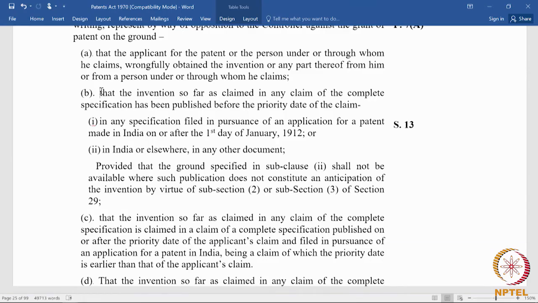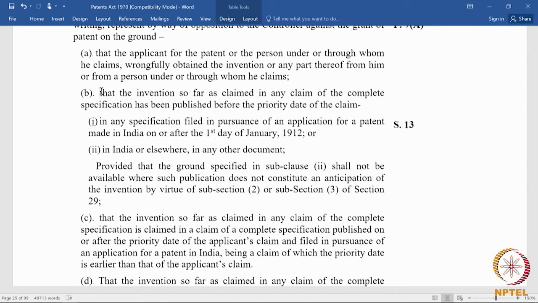So, though B does not start by saying anticipation, we understand it as a ground for anticipation, because of the language, any claim has been published before the priority date. If something gets published before the priority date, it anticipates the invention.